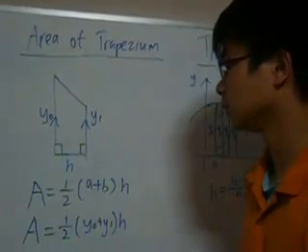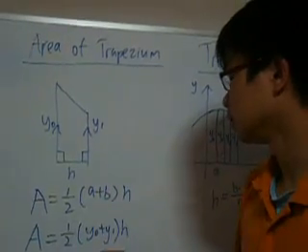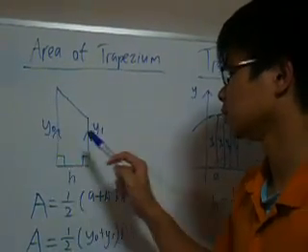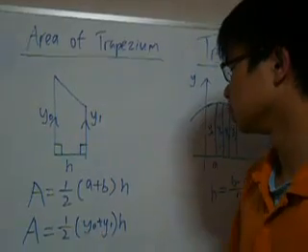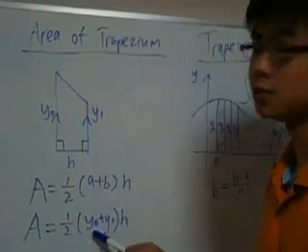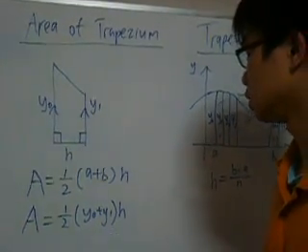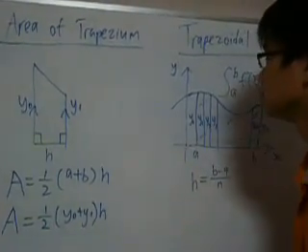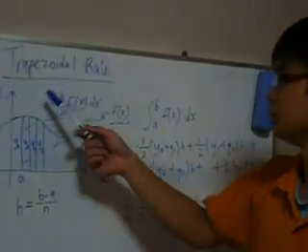For this figure, the parallel sides are y0 and y1. So the formula will be half times (y0 plus y1) times h.